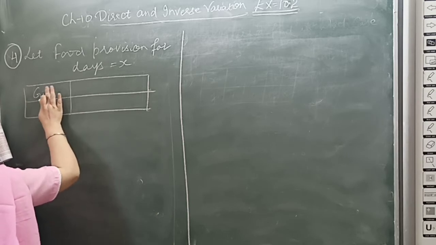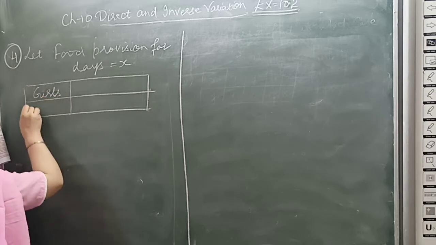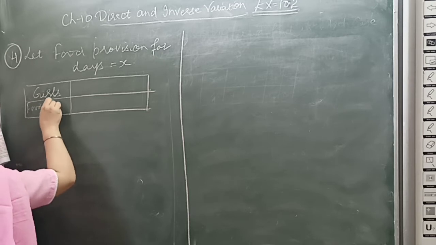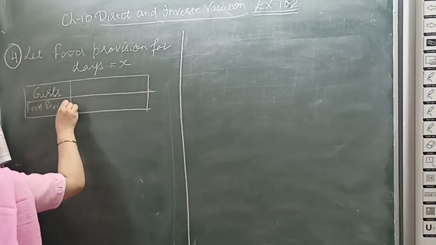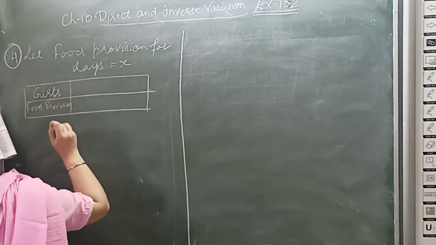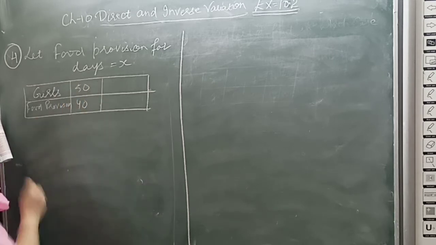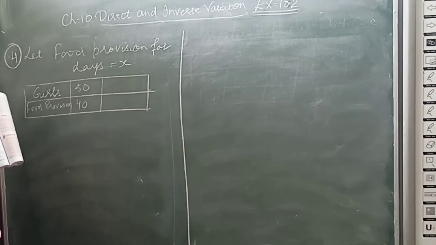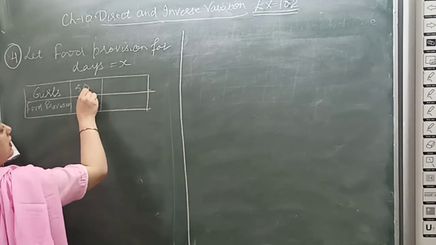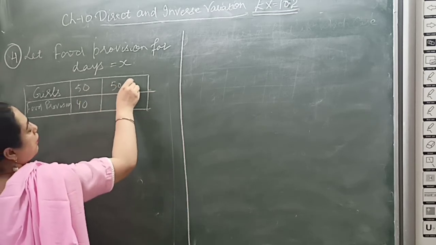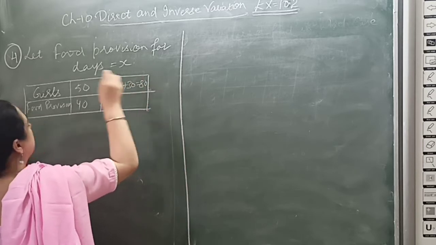In the first column I write down girls, and here the food provision. First of all, the girls are 50 and the food provision is for 40 days. But now girls increase. That is, 30 more girls joined the 50 girls already. So 50 plus 30, it is 80 girls now.